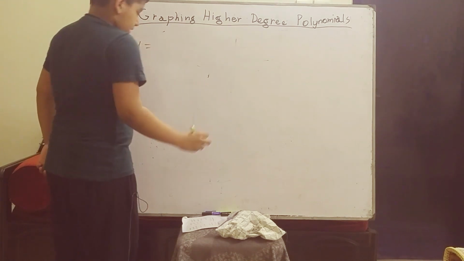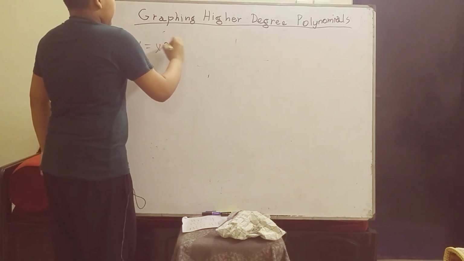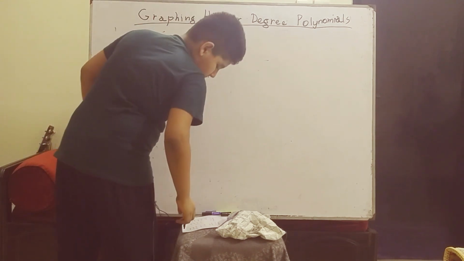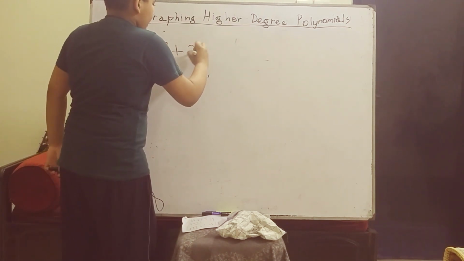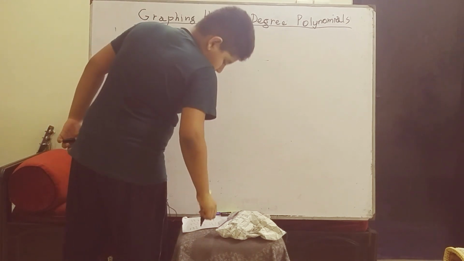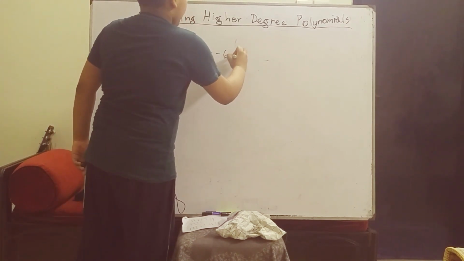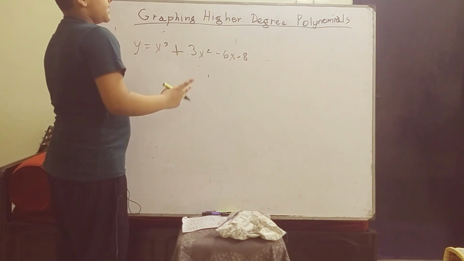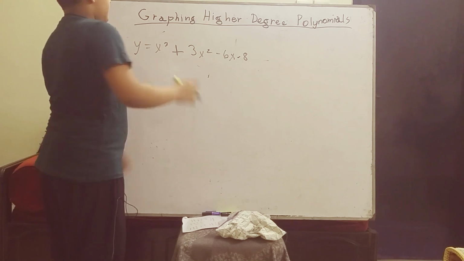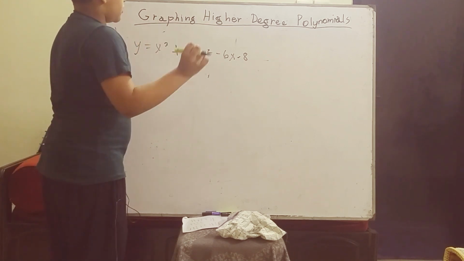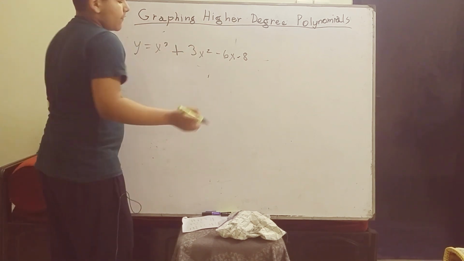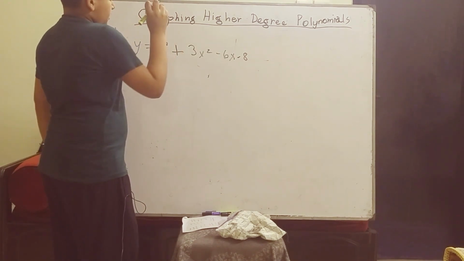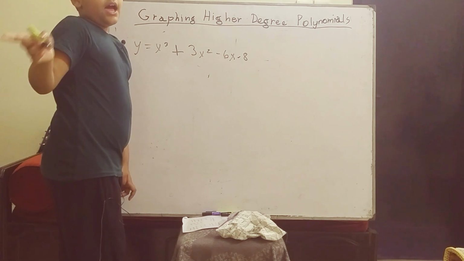Let's say we're going to graph the function y equals x cubed plus 3x squared minus 6x minus 8. Here we have the leading coefficient, meaning the first term has a coefficient of 1 and an exponent of 3.